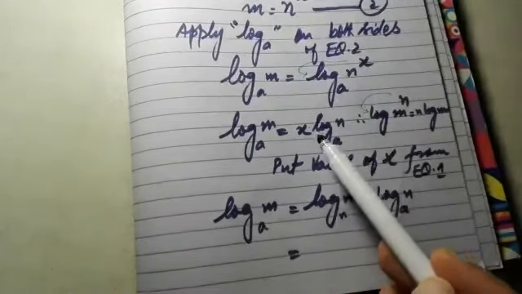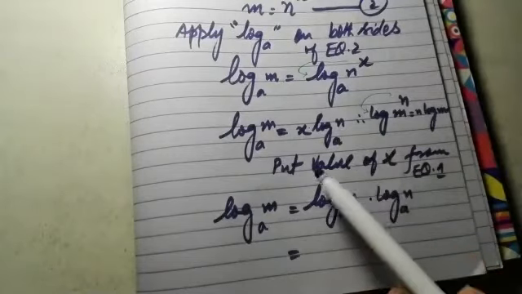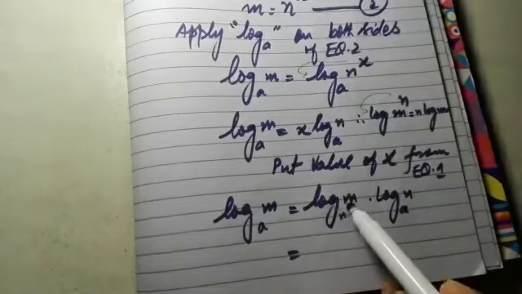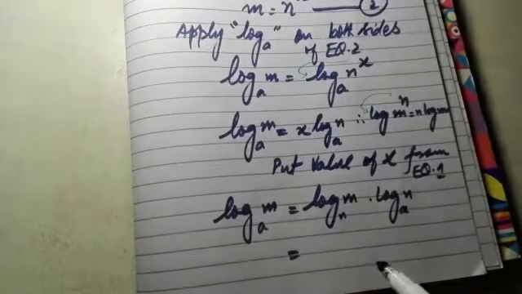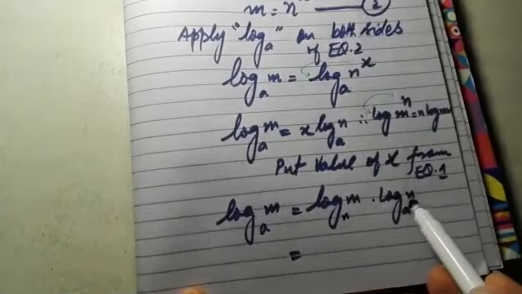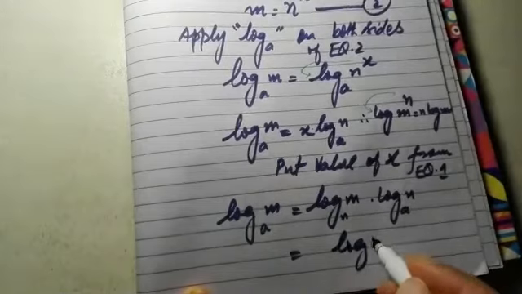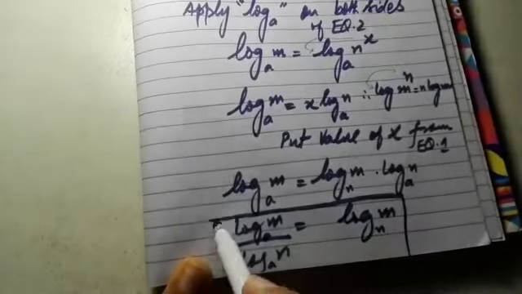It will become x times log n, and we will substitute the value of x from equation number 1, which is above. x is equal to log m with base n, and in the last step we will divide this multiple log n on the other side, so it will become log m base n, and we divide log n on the other side, it will become log n with base a, and this completes the proof of the fourth law.